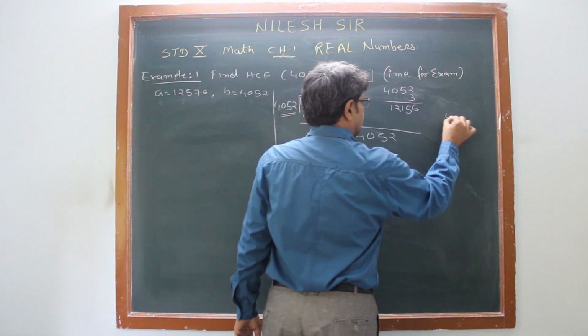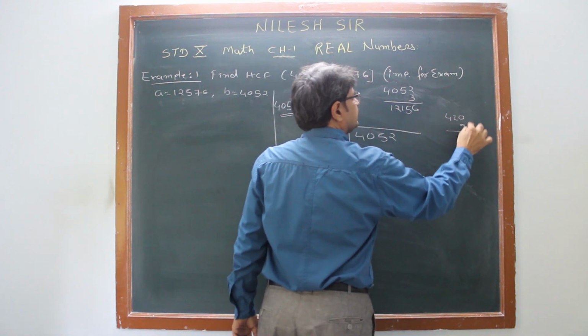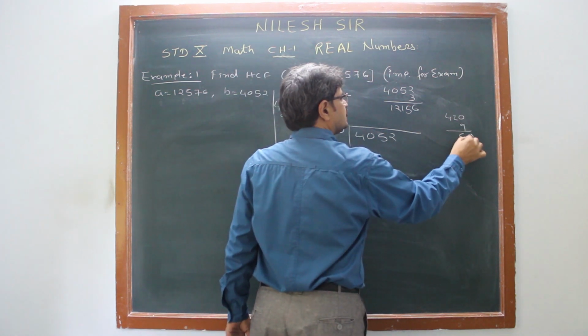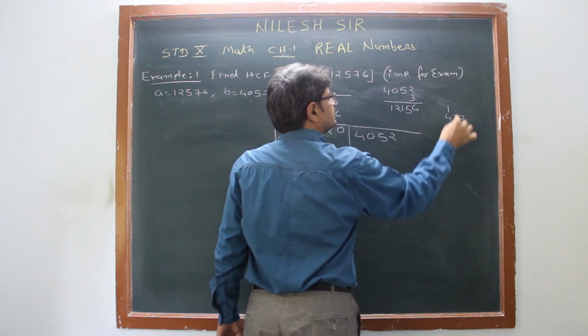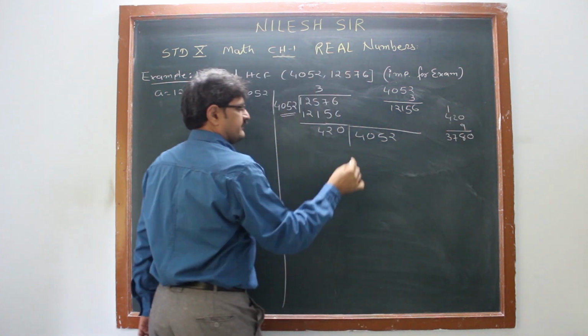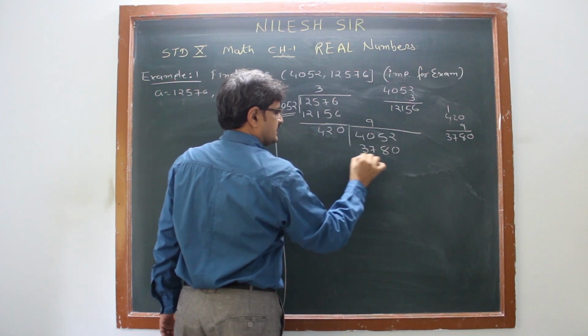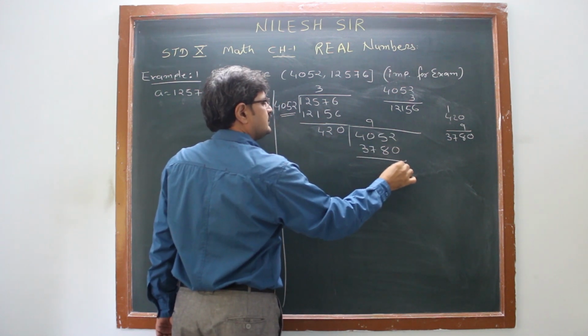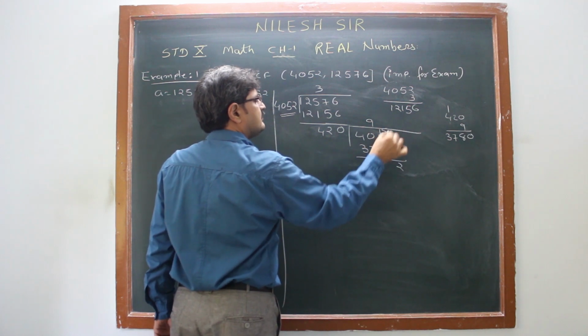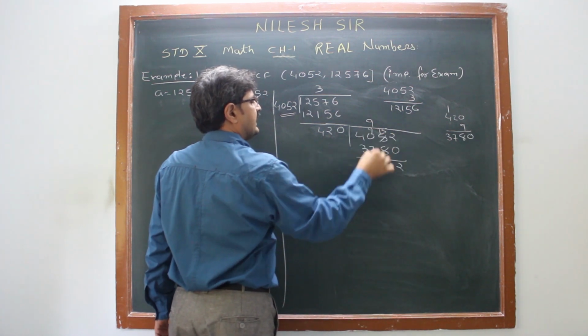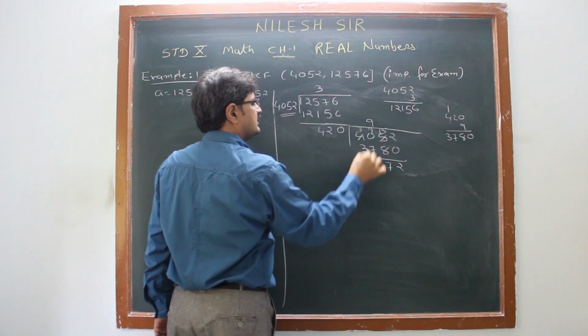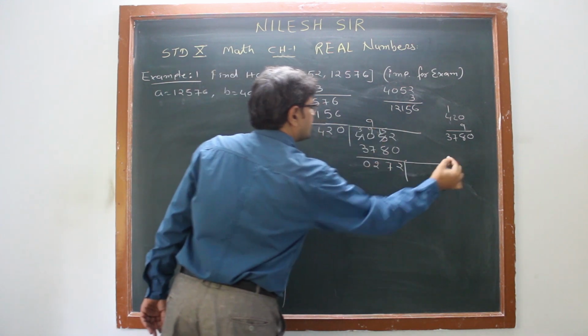So I should multiply it with 9. 9 into 0, 0. 9 2s are 18. 9 4s are 36 plus 1, 37. So it will be 3780. 2 minus 0, it is 2. 15 minus 8, it is 7. 9 minus 7, it is 2. And 3 minus 3, it is 0.